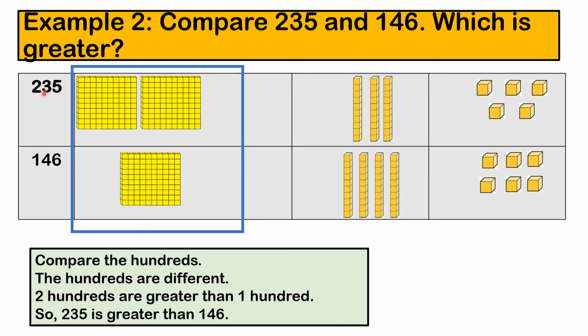So here for 235, we have 200s, and 146, we have 100s. So the hundreds are different. 200 is greater than 100. Therefore, based on the hundreds, we know now that 235 is greater than 146.